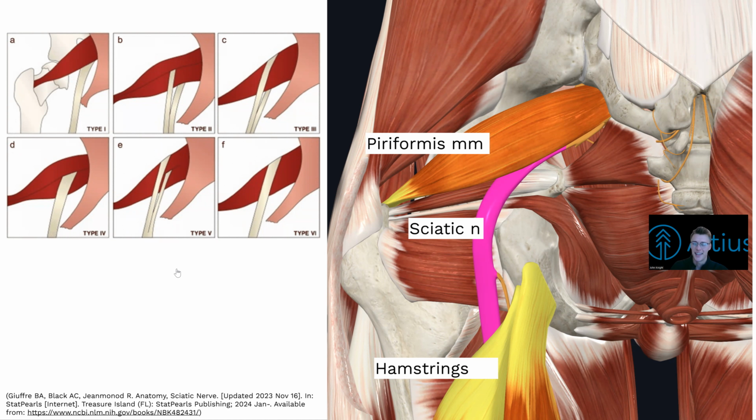The funny thing with this, though, is that everybody's built different, right? Here are 6 different examples of anatomy of the sciatic nerve. So in type 1, this is your classic example here. That sciatic nerve goes underneath the piriformis, but you could have type 2, where instead this common fibular nerve, one of the branches of the sciatic nerve, actually comes through the piriformis muscle instead.